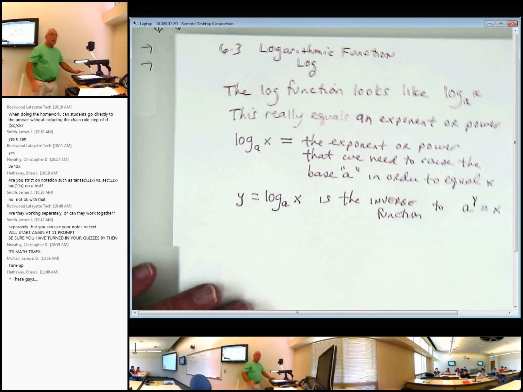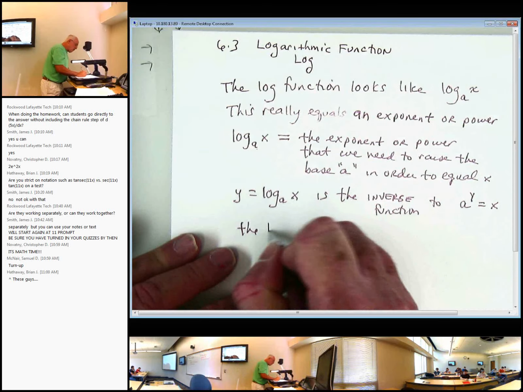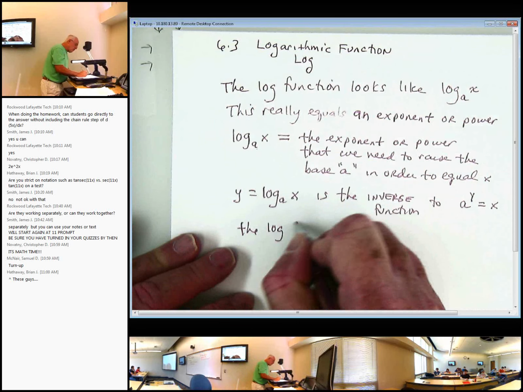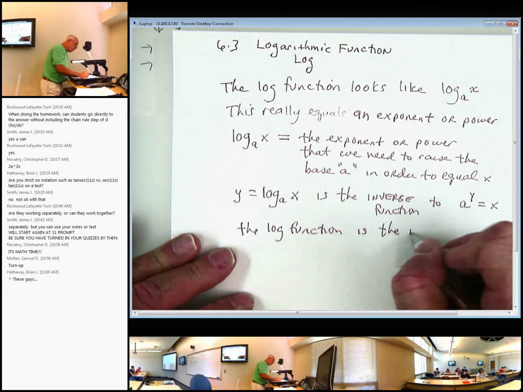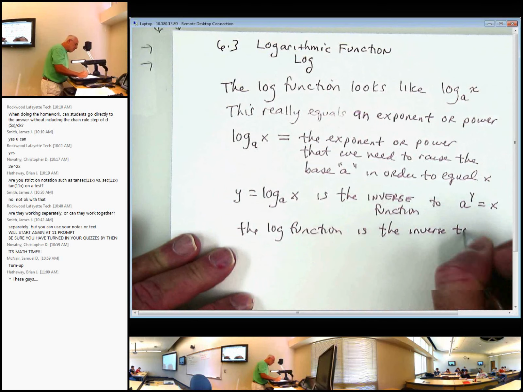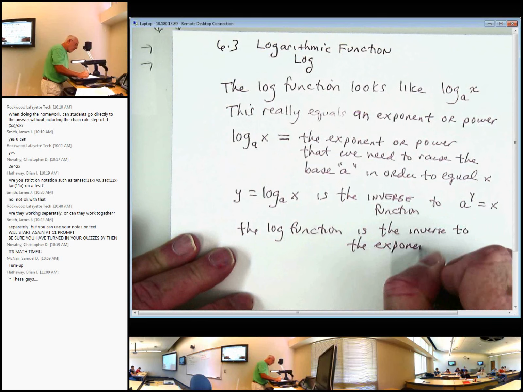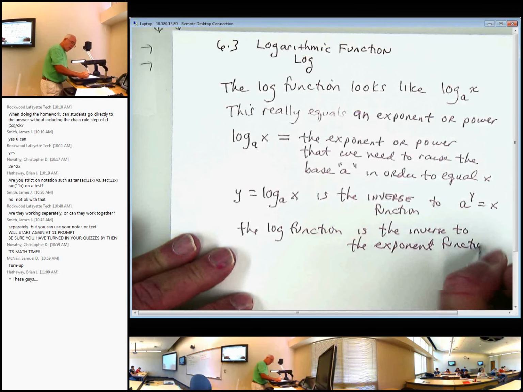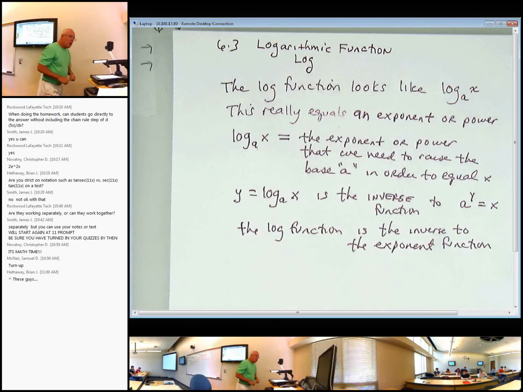All right, so it's inverse to the exponent function. The log function is the inverse to the exponent function.